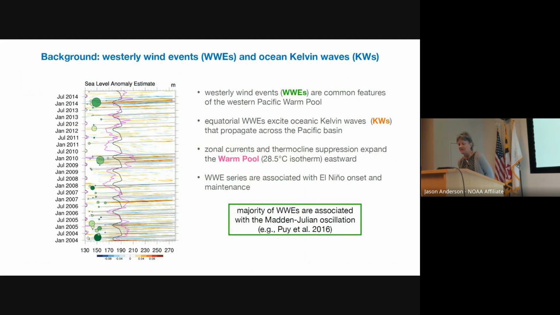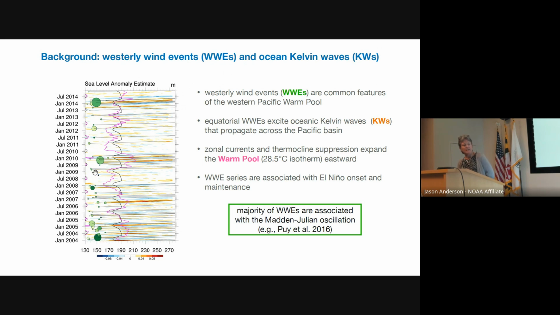Just to give a little bit of background here: westerly wind events, or WWEs, and ocean Kelvin waves. In the Western Pacific, in the warm pool, the warm pool edge is indicated by the 28.5 degrees C isotherm, shown in magenta contours. This is about 10 or 11 years' worth of observations.